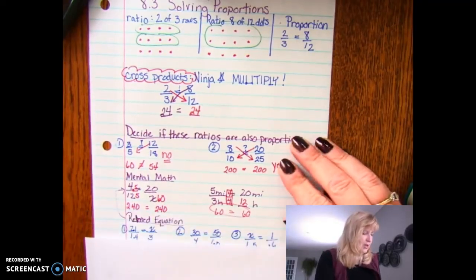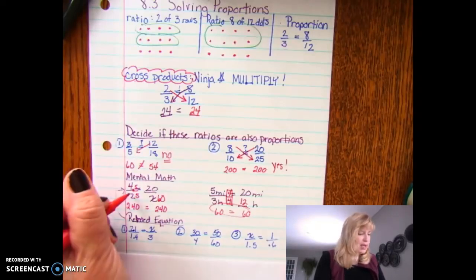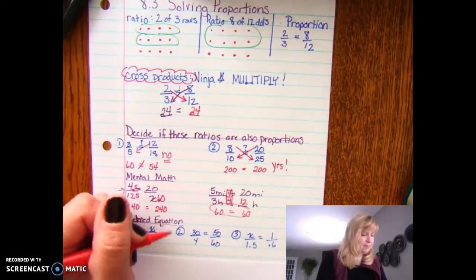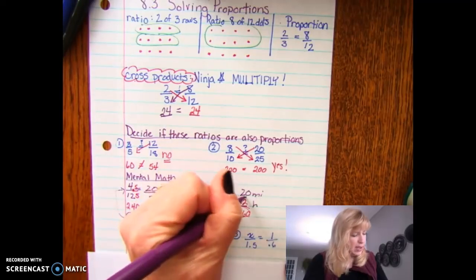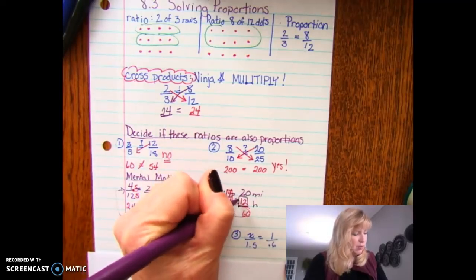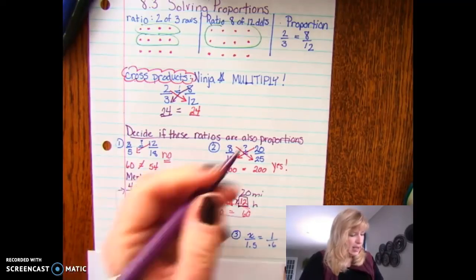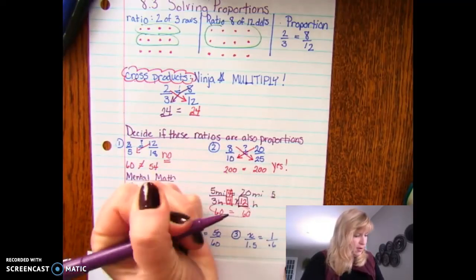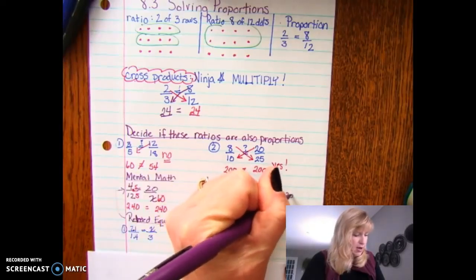All right, we are going to do a related equation. Before we do that, I want to show you with one up here how to do that. So before, when we started out, instead of knowing that this was a 12, it really was an x. So I'm going to back us up and do 5 over 3 equals 20 over x.